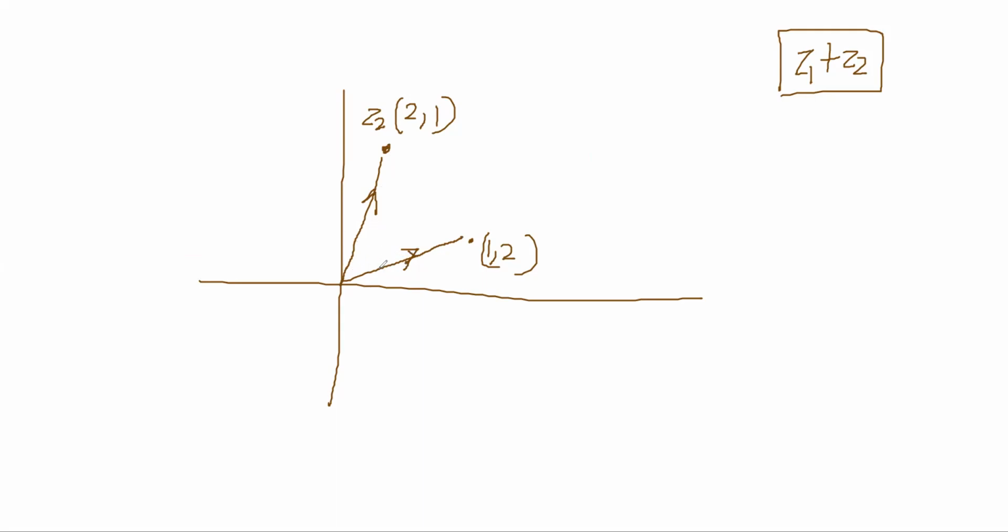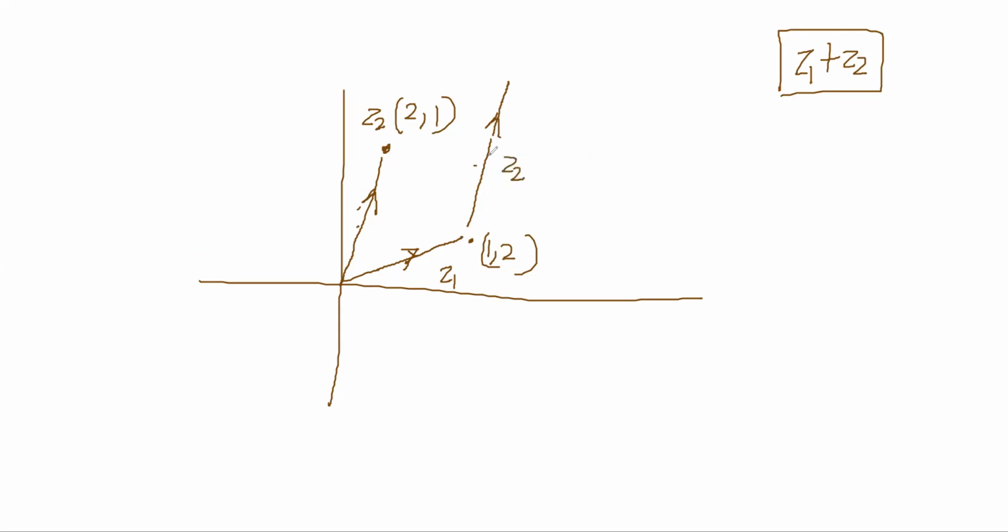If I have to add this vector and this vector, what do I need to do? I can do some parallelogram law, but easier is to imagine like this. Just lift up this vector and transpose it here without changing the magnitude and direction. If you lift a vector and place it at another place, without changing its direction and its magnitude or length, then that is the same vector, z2 only.